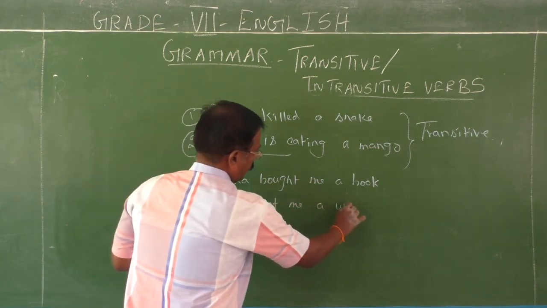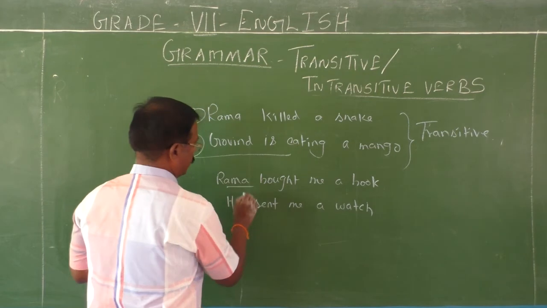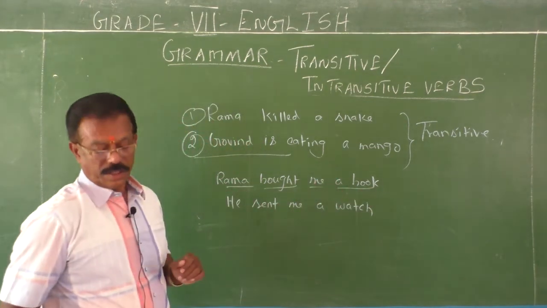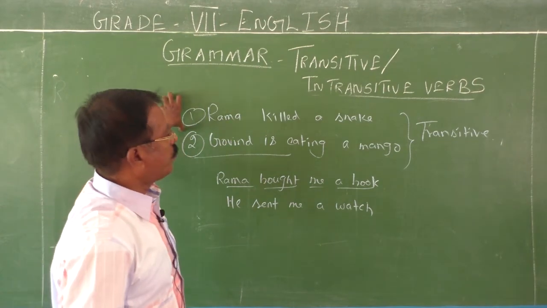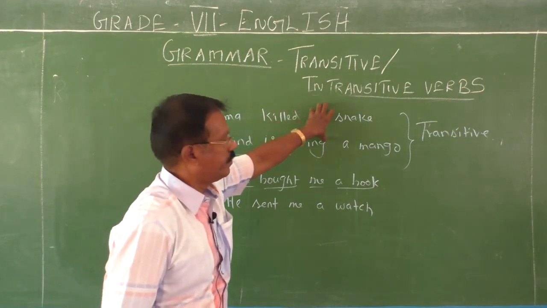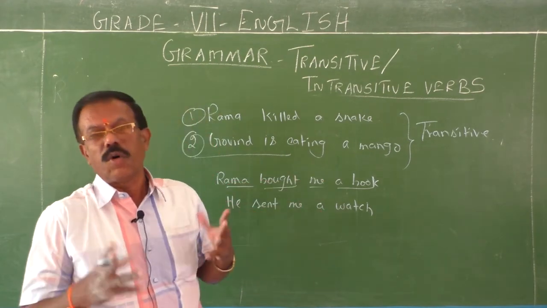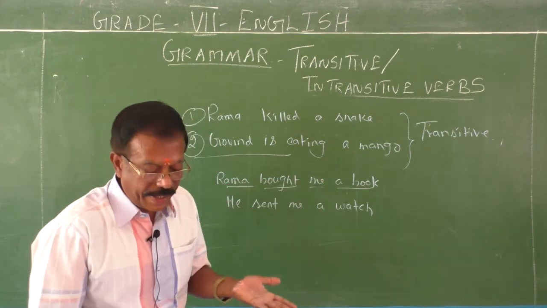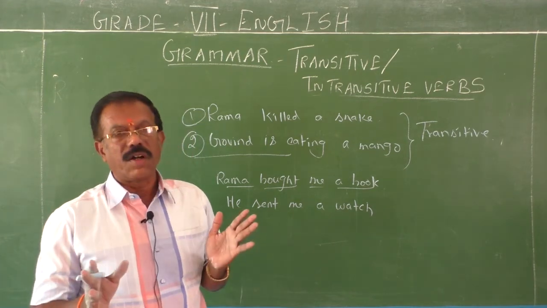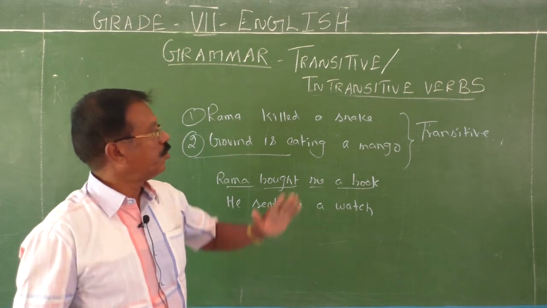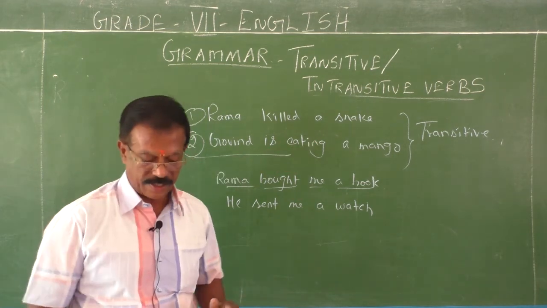So here we have subject, verb, indirect object, direct object. A transitive verb may take a single object, and sometimes may take two objects to complete the predication. Therefore they are called transitive verbs of complete predication.